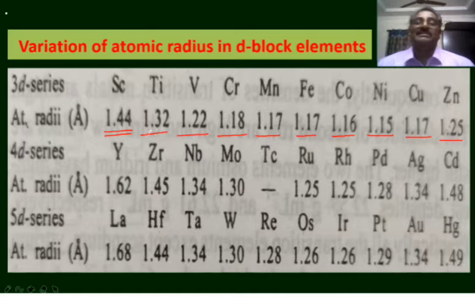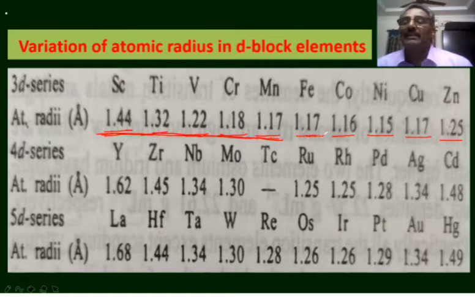1.25 angstrom units. From these, you can observe that there is a small decrease in the atomic radii of the elements from scandium to manganese. From manganese to iron, there is no change in the atomic radius.